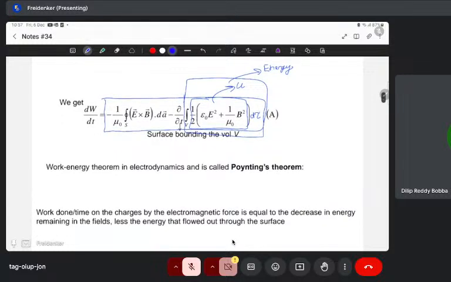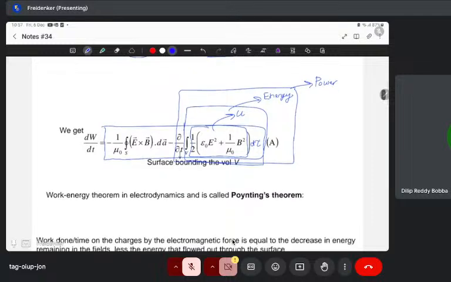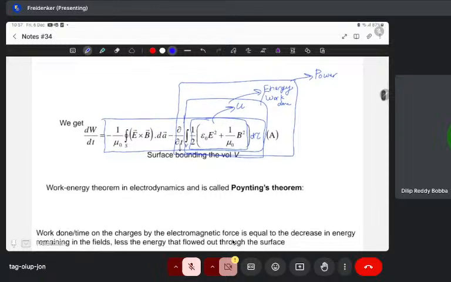And then you're differentiating with respect to time. So energy per unit time will be power: rate of change of energy or work done or whatever you think. They have the same units anyway. So this will give you power.